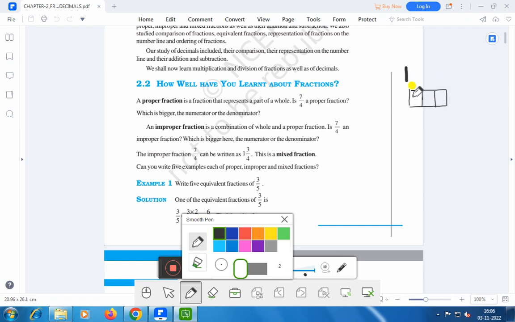You have to remember that in fractions, this part will be the same. This part and this part will be the same, right?